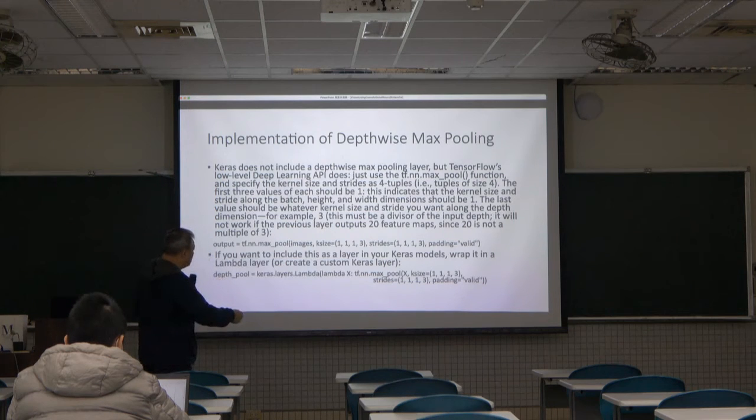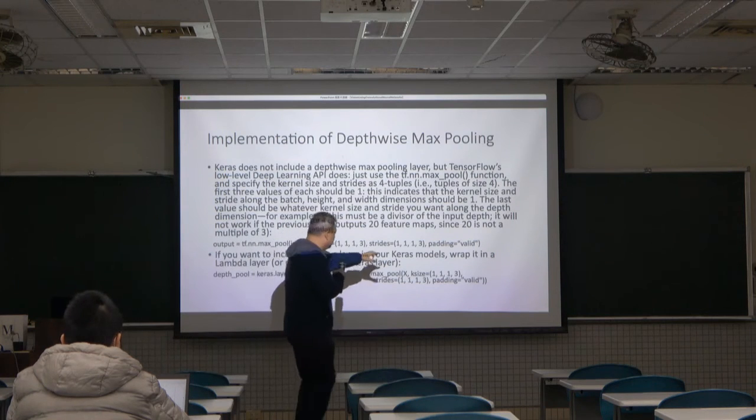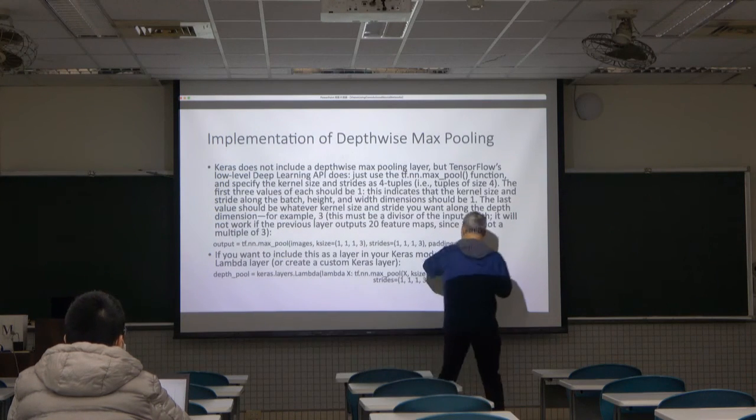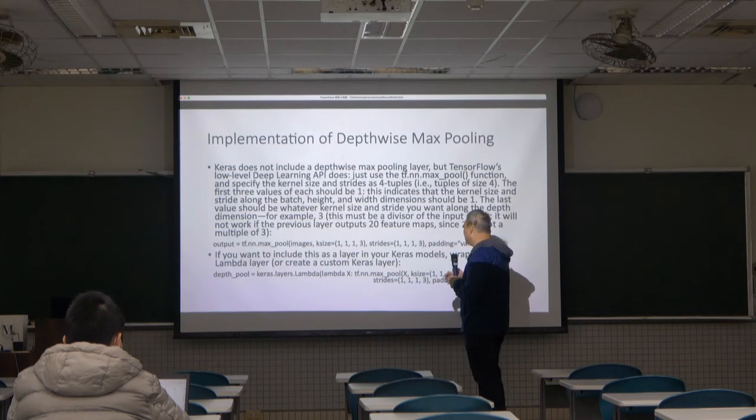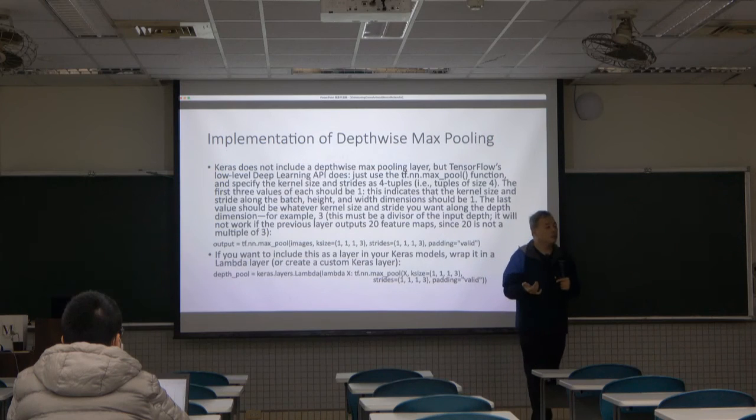So here is an example where we create max pooling over the depth, with a size of 3. The padding in this example is valid. You need to make sure the number of feature maps is divisible by 3, otherwise you run into trouble.